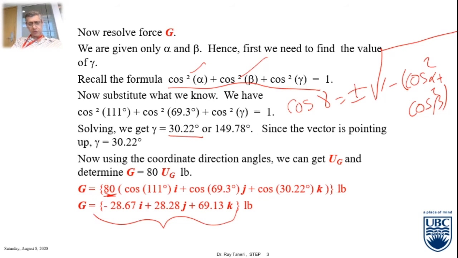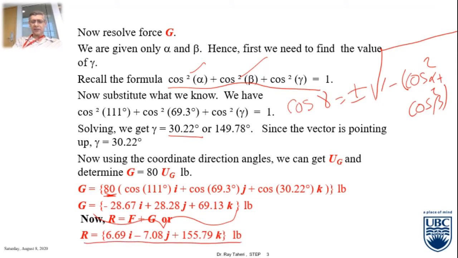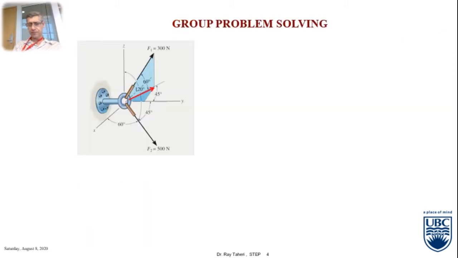So you calculate vector g, you have the vector f. All you do is add them, x plus x prime, y plus y prime, and z plus z prime. And here is the actual resultant. So you add these two vectors, the one that we have previously and this one, and this is the resultant that we get.